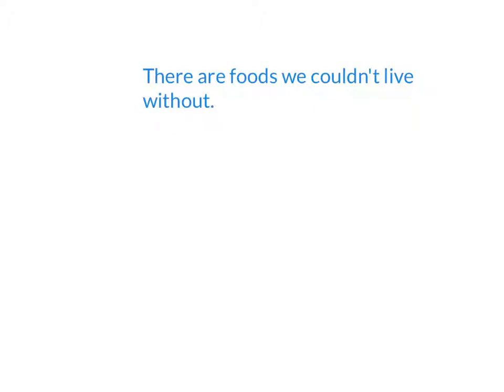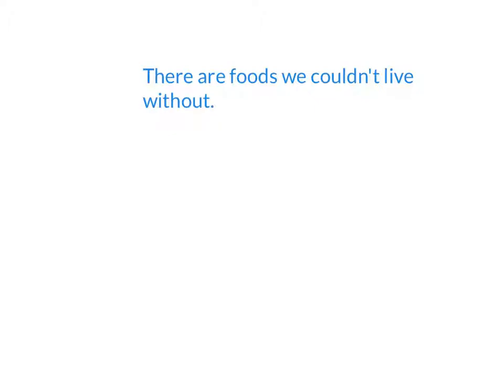This next example is, there are foods we couldn't live without. So for food, we're going to be using aliment. And we couldn't live without is sans. So again, think a little bit about this sentence. How would you say it in French? So we're using sans, and we're going to be using the relative pronoun that we need.